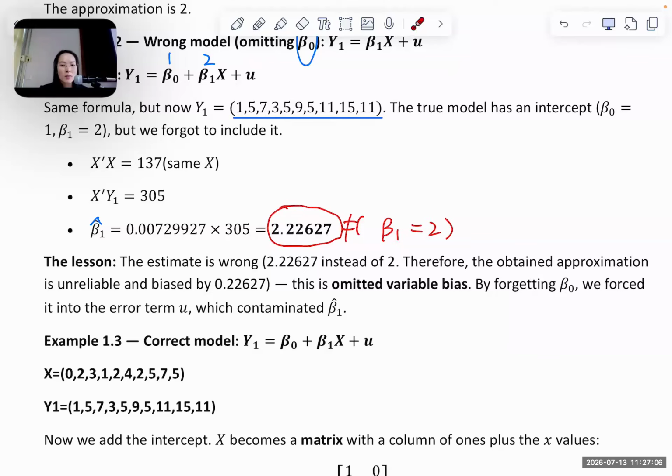As I mentioned before, showing up as an actual wrong number here. Not just an abstract formula. We can literally see the damage, okay? The true answer is 2, but our biased estimator is 2.22. Okay, so in this case, beta 1 hat is biased because it doesn't equal the true number.